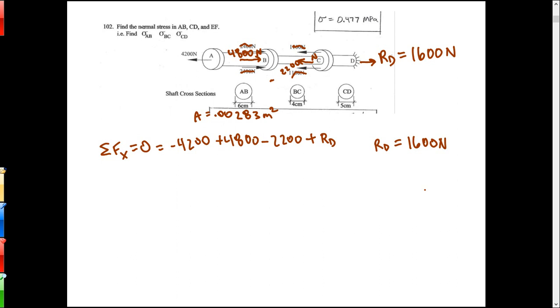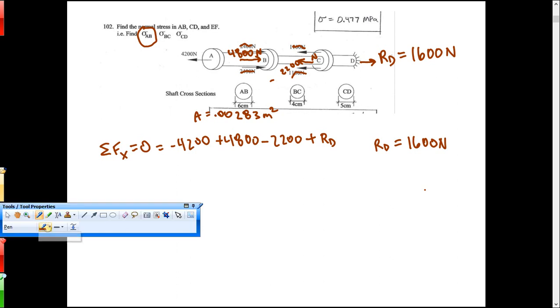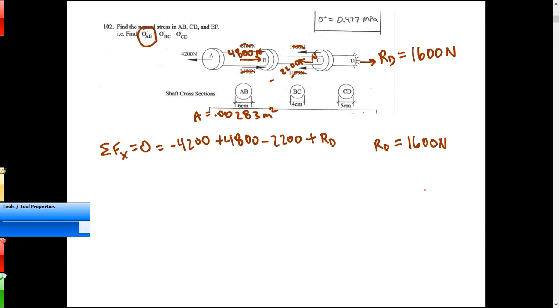All right. Now, if I want to find the normal stress in AB, what's the next thing that I do here? Yeah. So I need a free body diagram. I'll cut anywhere between A and B. And when I do that, I'm going to get a free body diagram.